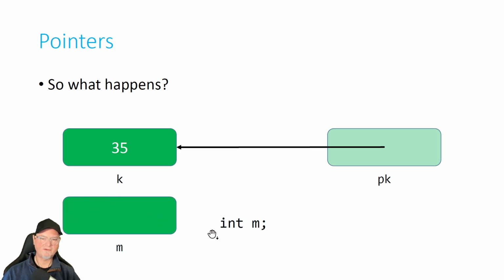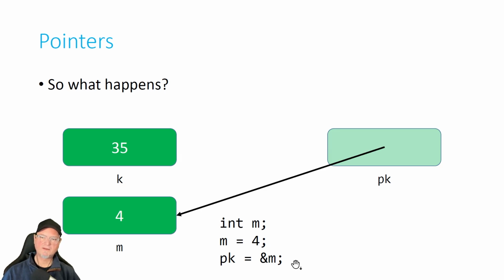It's green because it's an int. And we're going to set that value to 4. So 4 is going to be contained in that box. And then we're going to set pk to the address of m, with the address operator, the ampersand m. What's going to happen here? Well, pk is going to point to the address where m is.